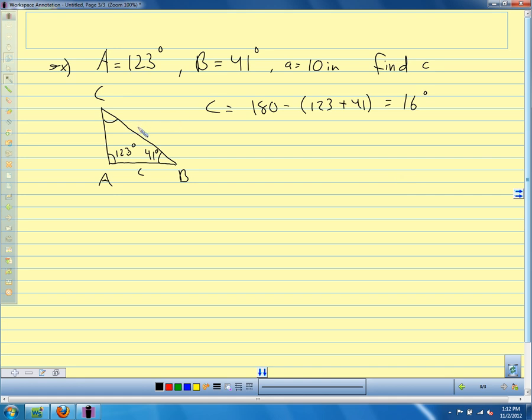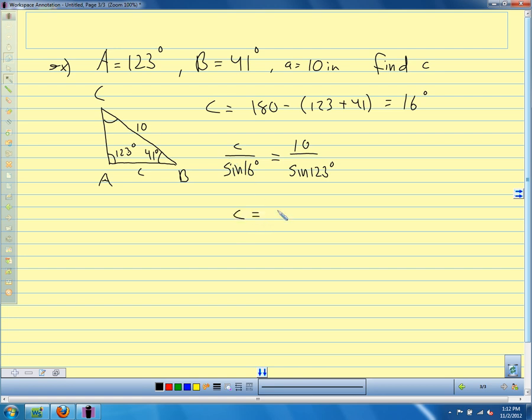Yes, because we have this side. So we can say C over sine of 16 degrees equals 10 over sine of 123 degrees. I can get side C by itself, just multiply both sides of the equation by sine of 16 degrees.